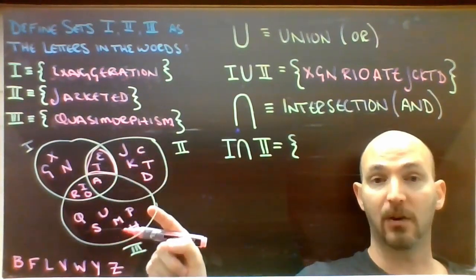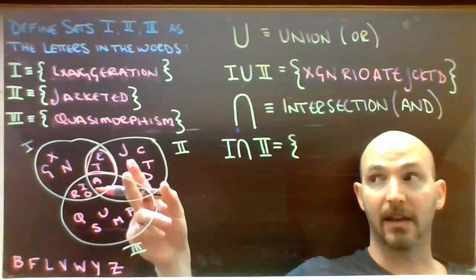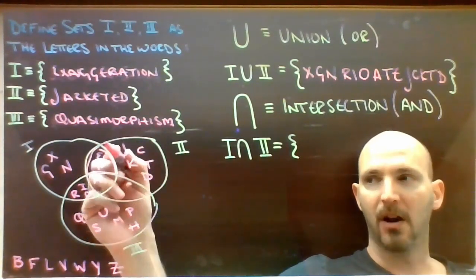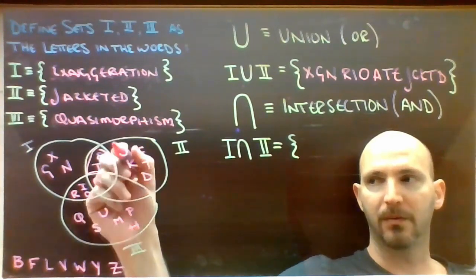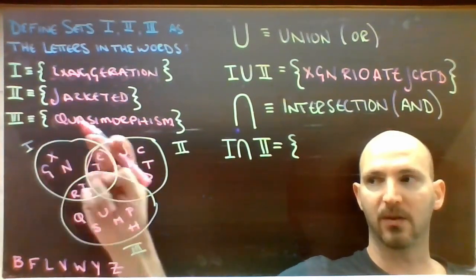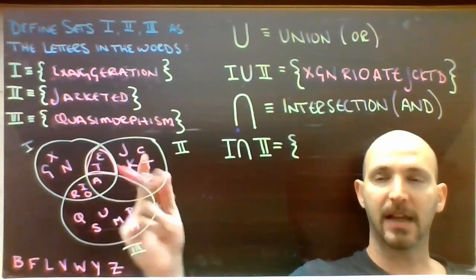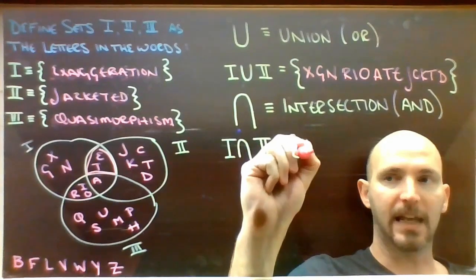So it doesn't get to go either. The only people who get to get on that bus and go to that particular field trip are the ones who are in both. And that's this segment here. You can see the overlap between the letters in the word exaggeration and the letters in the word jacketed. So the letters that land in there are 8.